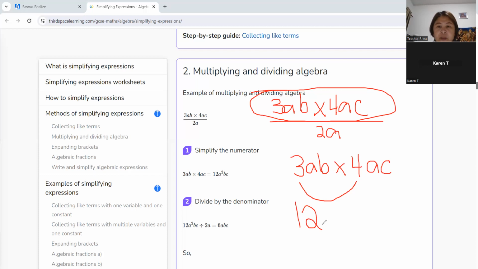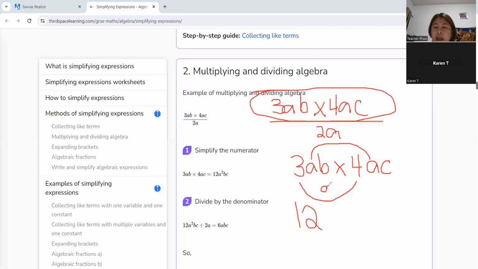Then the variables. A times a. In multiplying the variables, the letters, you need to add the exponents. If there is no written exponent like 2, 3, 4, 5, it is understood that the exponent is equal to 1.